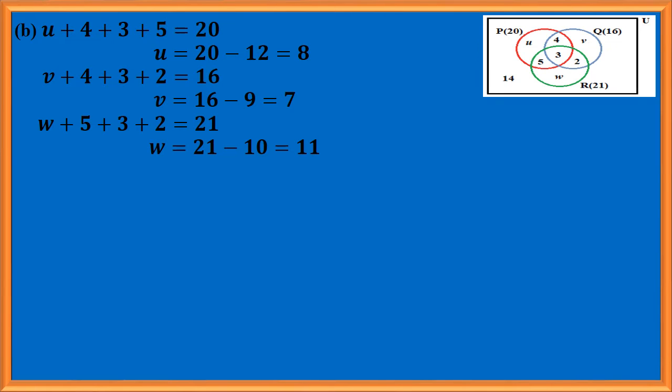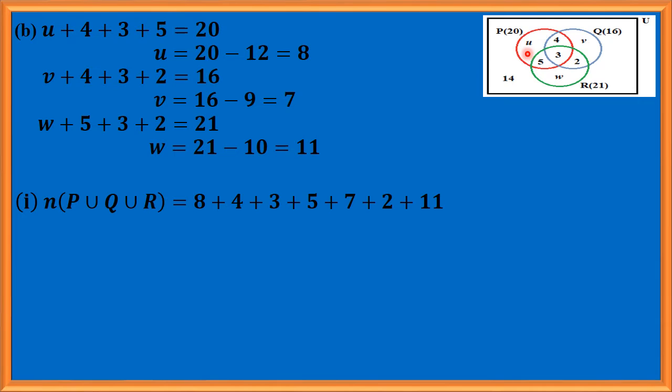Now that the value of W is 11, we are asked to find number of P union Q union R. That will be equal to the universal, so we should find the universal. Number of P union Q union R will be the addition of the elements within the three circles.